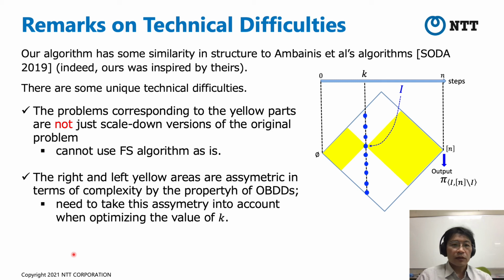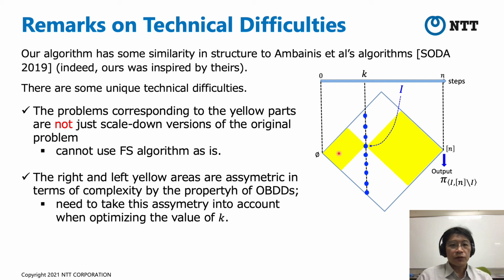Our algorithm has some similarity in structure to the unbiased Edwards algorithms presented in Soda 2019, but there are some unique technical difficulties, so let me comment on those. First, the problems corresponding to the yellow parts are not just scaled-down versions of the original problem, so we cannot use the FS algorithm as is for this.